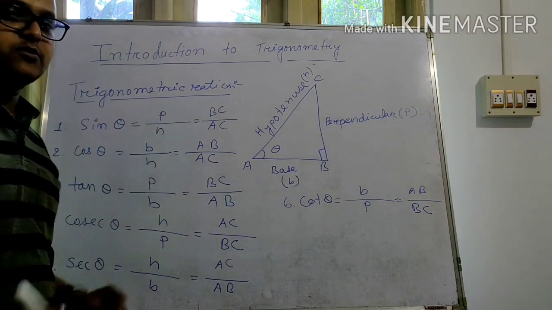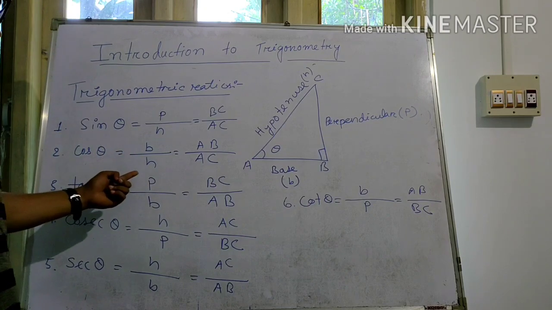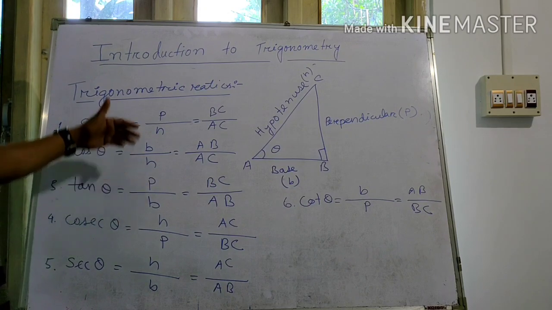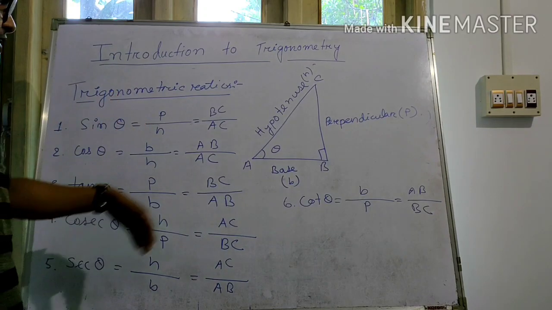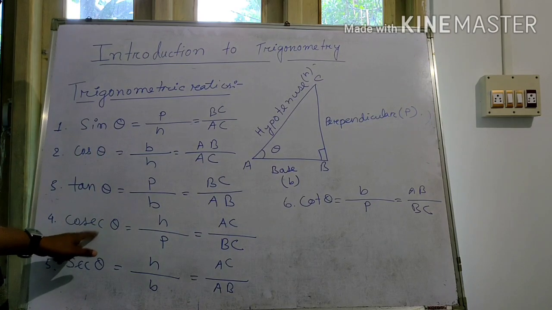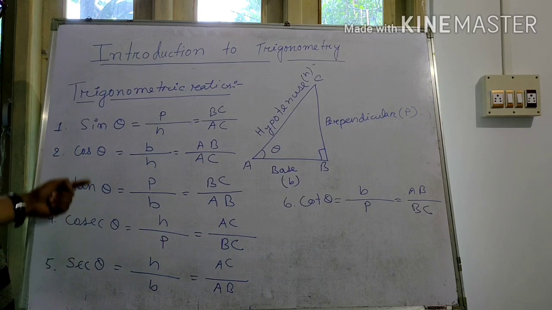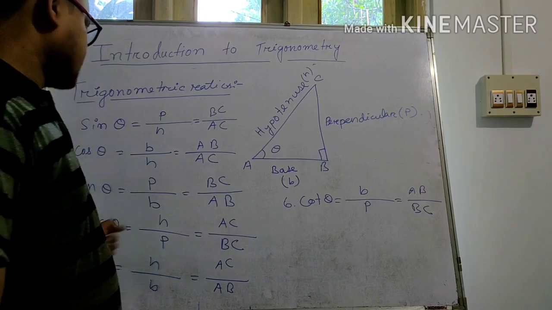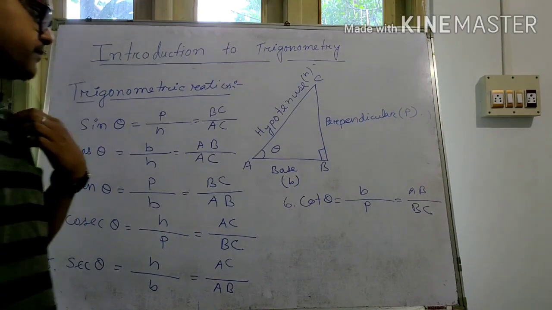Sin theta is perpendicular by hypotenuse, cos theta is base by hypotenuse, tan theta is perpendicular by base. If you remember these 3 ratios, then definitely you will find the other ratios. Sin theta is the opposite of cosec theta, cos theta is the opposite of sec theta, tan theta is the opposite of cot theta.